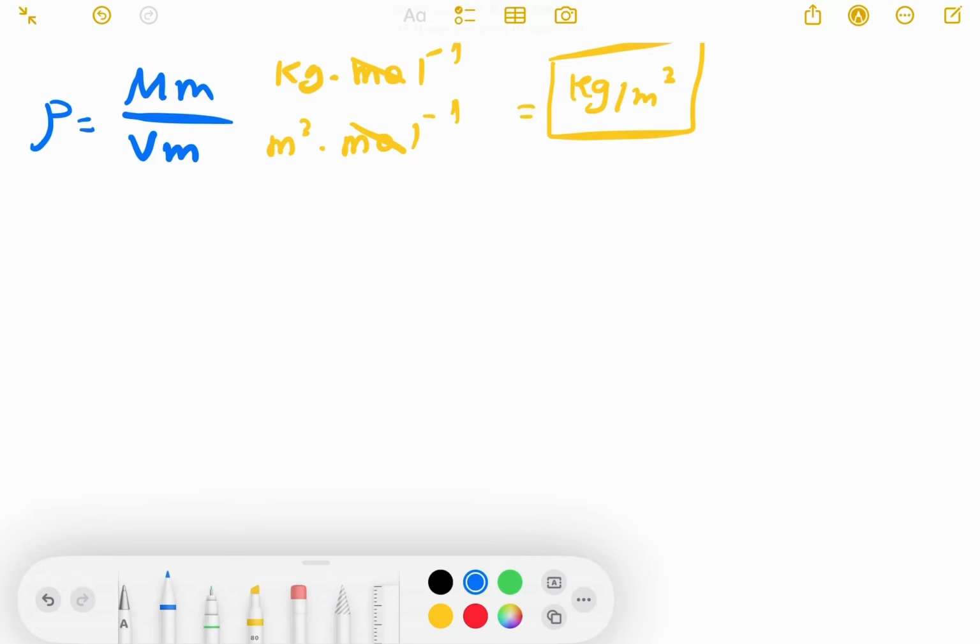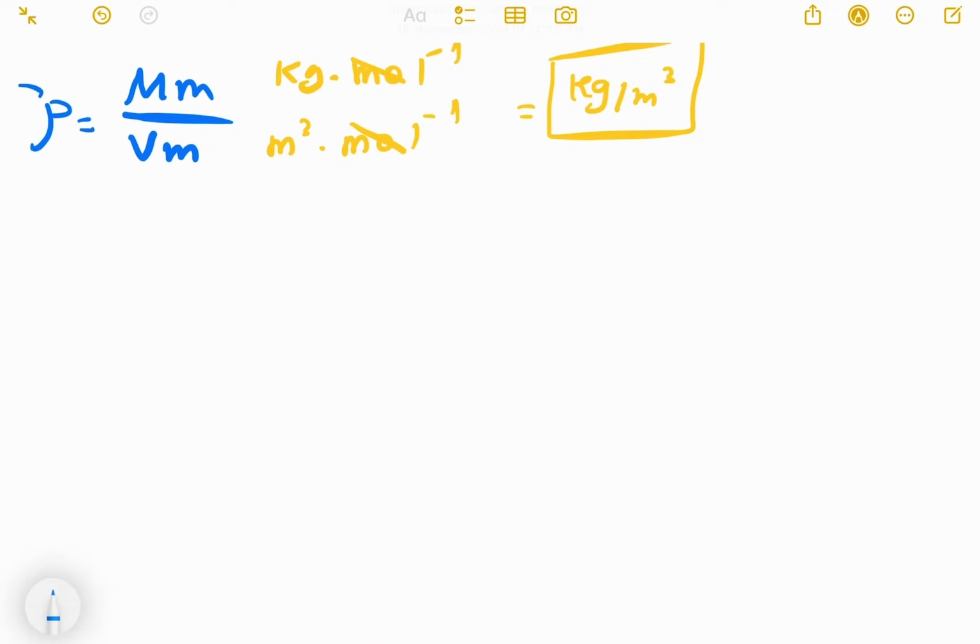If you want to find molar mass, you should use this equation. To rearrange it, let's say you have density and you have molar volume. How can you find molar mass? Very easily.